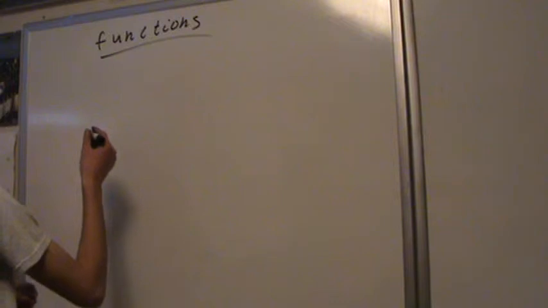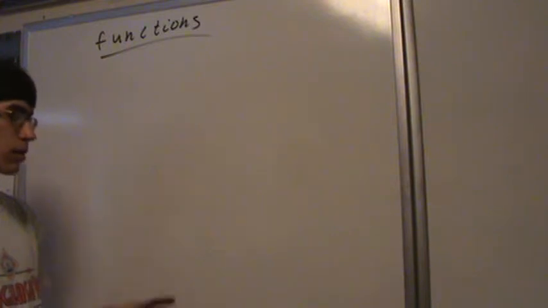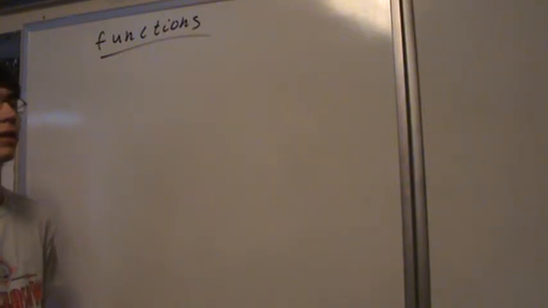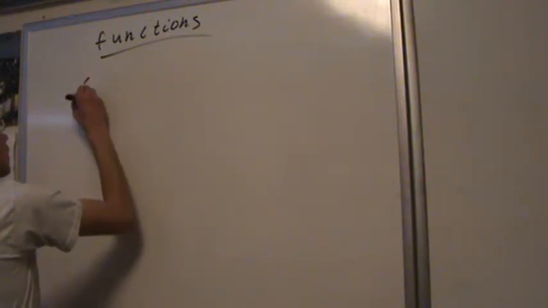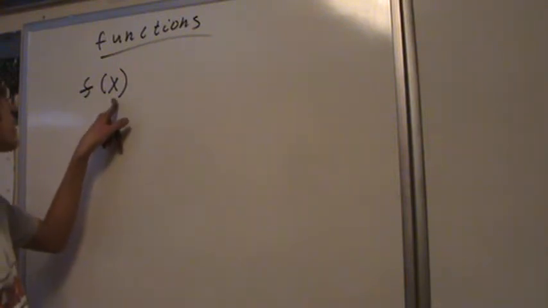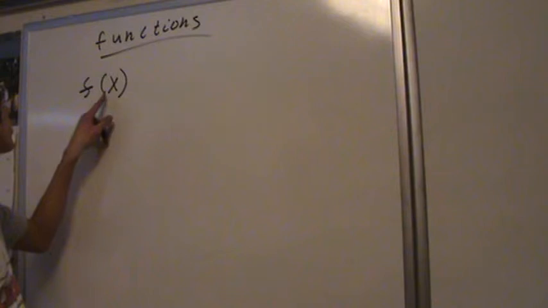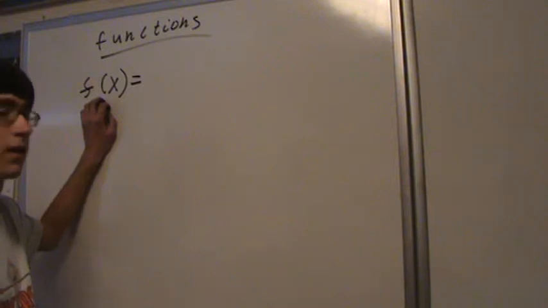So, a function is just a simple little agglomerated group of numbers and variables. Now, variables, real quick, are like letters. Every time you have a function, you write it like this: f of x. That means a function of x. And then you usually see that on one side of the equal sign.